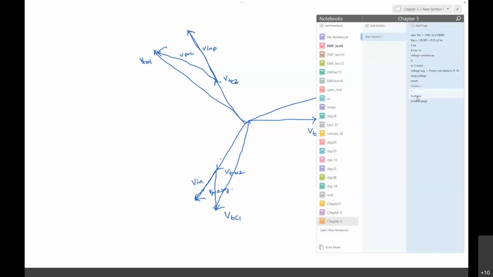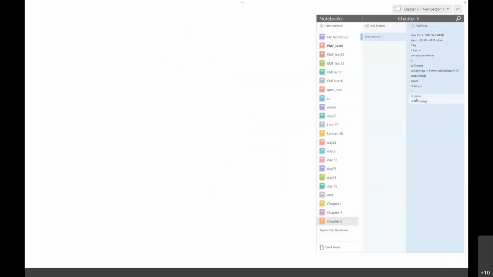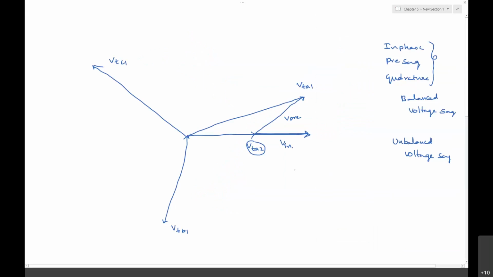Now I am trying to explain how we make out the in-phase compensation, the pre-sag compensation and the quadrature compensation for an unbalanced voltage sag. Here I am considering the unbalanced case as a single line to ground fault, or single phase fault. There is a magnitude reduction in only one of the phases, and there is a phase shift.